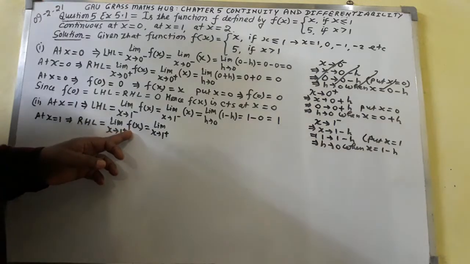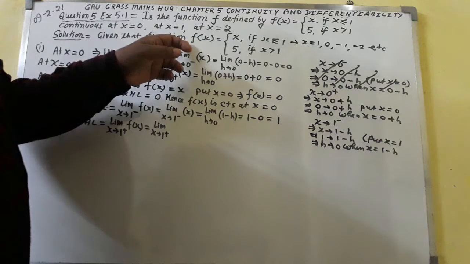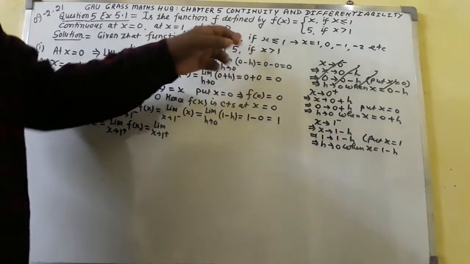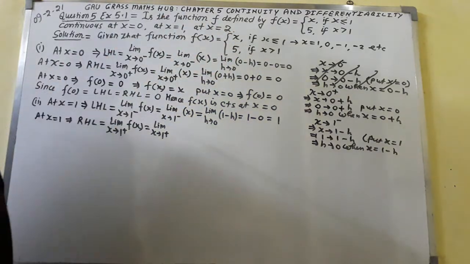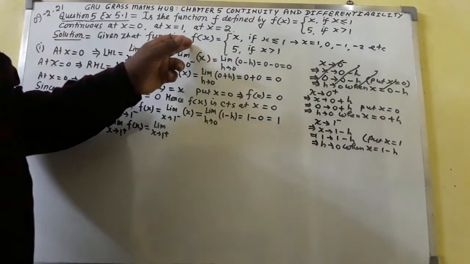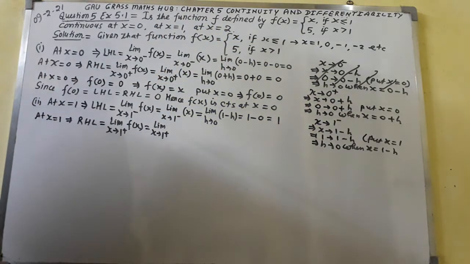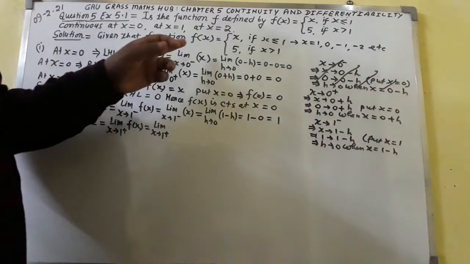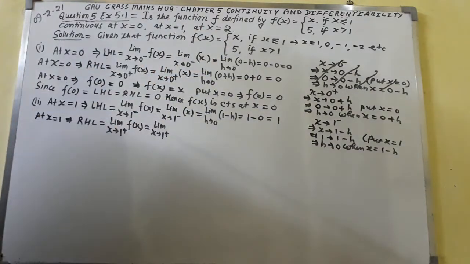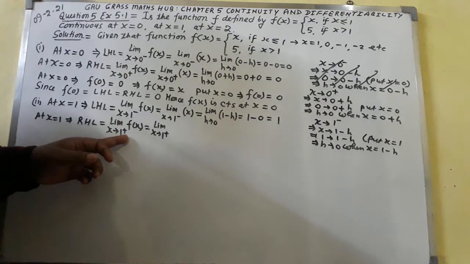Here in the original function f(x), I have got two values, f(x) equal to x and f(x) equal to 5. Which one do you have to choose? Only one. Out of these two functions, you have to choose only one, so you have to judge here. x tends to 1 positive means that the value of x must be greater than 1.